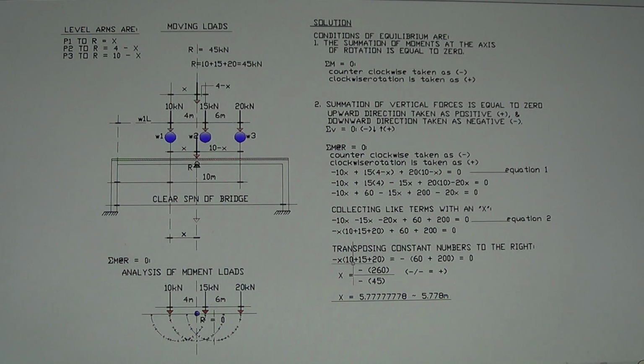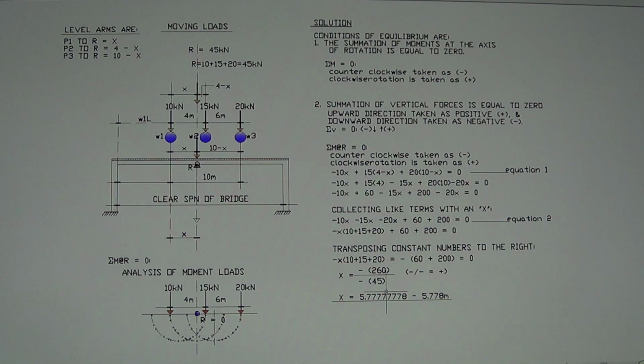And then we cross multiply this, the 45 will go under the 260, and now the mathematical operation, the law of division in mathematics: when you divide numbers having a like sign, the quotient is positive right here.